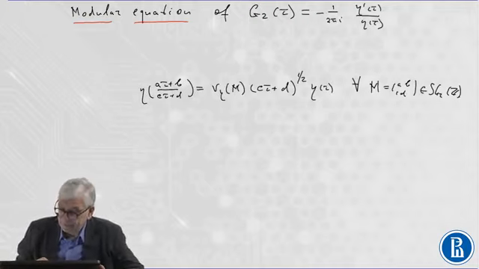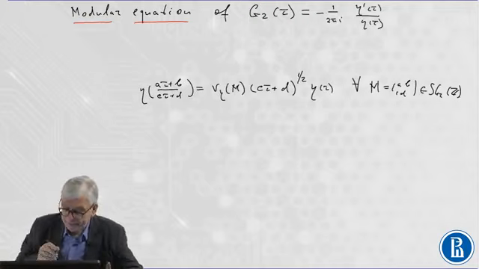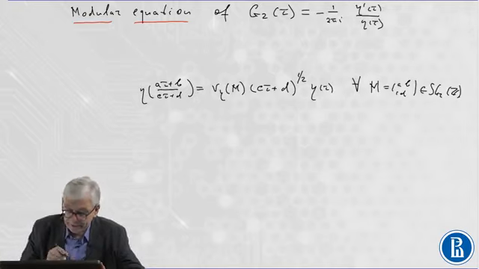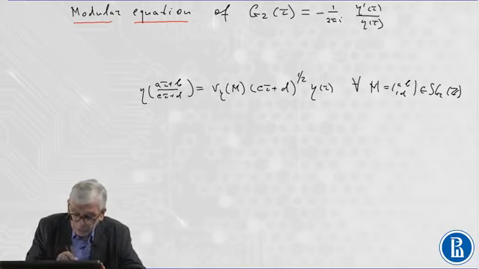What do we have for eta prime? Let's calculate the derivative of the left and the right hand side.